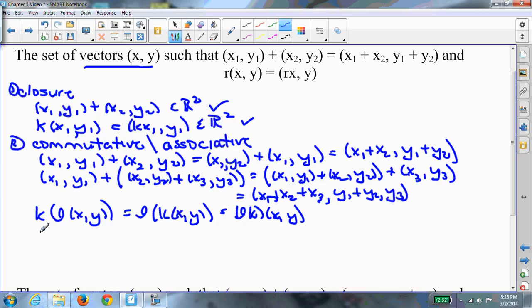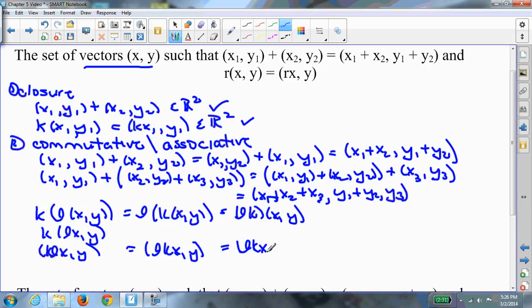So let's compare all of these. The very first one would be k of Lx, y, and then one more scalar multiplication would make this klx, y. Likewise, the middle one would be lkx, y, and then the last one would be lkx, y. So associativity and commutative properties still hold.